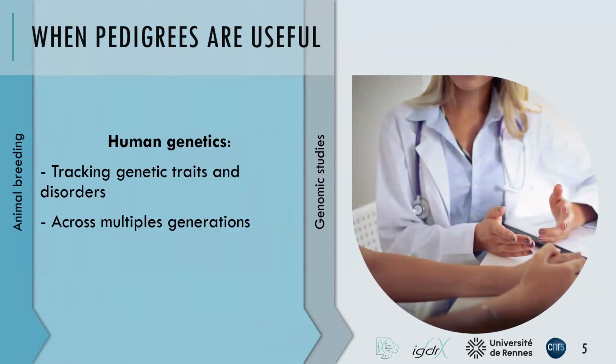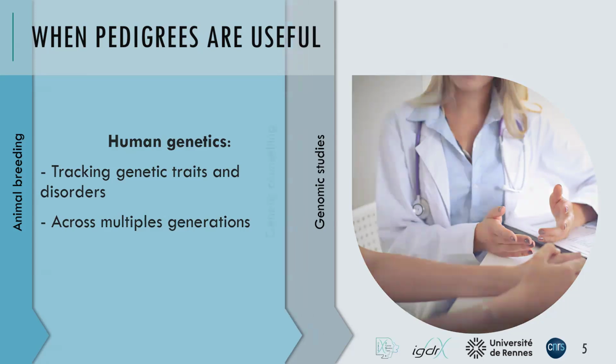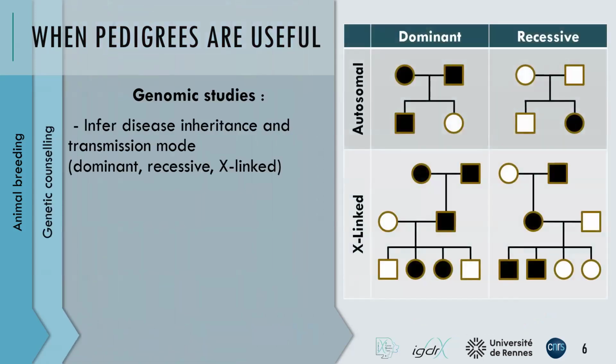In genetic counseling, pedigrees are used to manage the occurrence of inherited conditions by tracing the occurrence of genetic traits across multiple generations within a family. Finally, pedigrees are also used in genomic studies to infer the inheritance and transmission mode of disease.